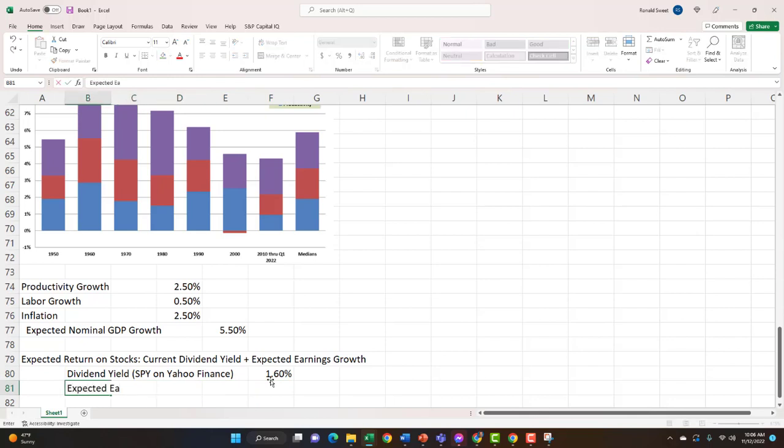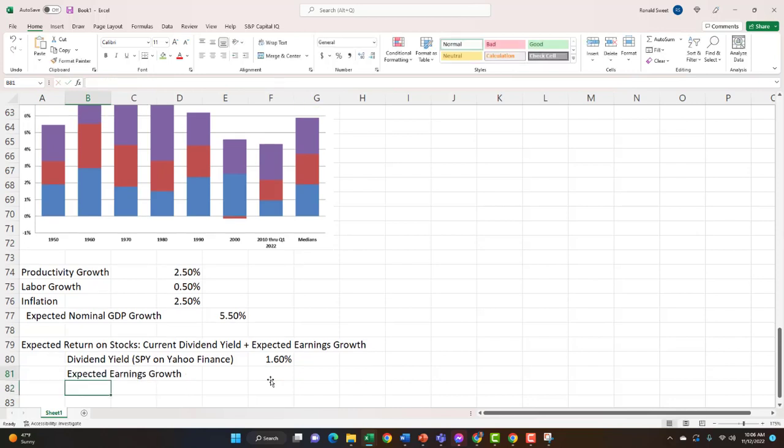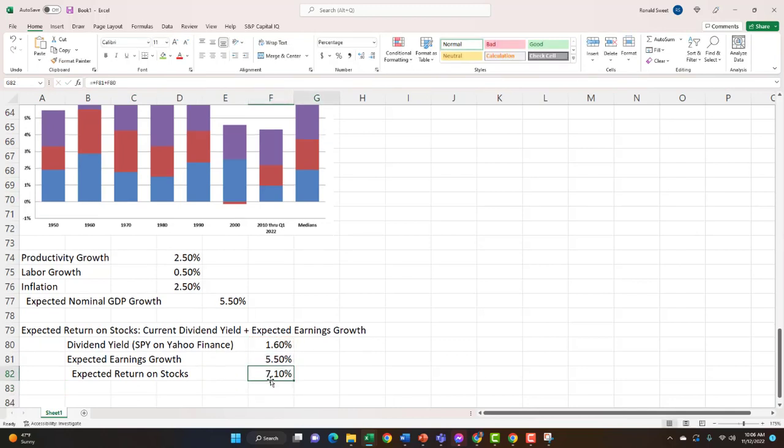Expected earnings growth is 5.5%. If you want to put in the stock buyback yield, you'd put it between dividend yield and expected earnings growth. So the expected return on stocks is going to be 5.5% plus 1.6.